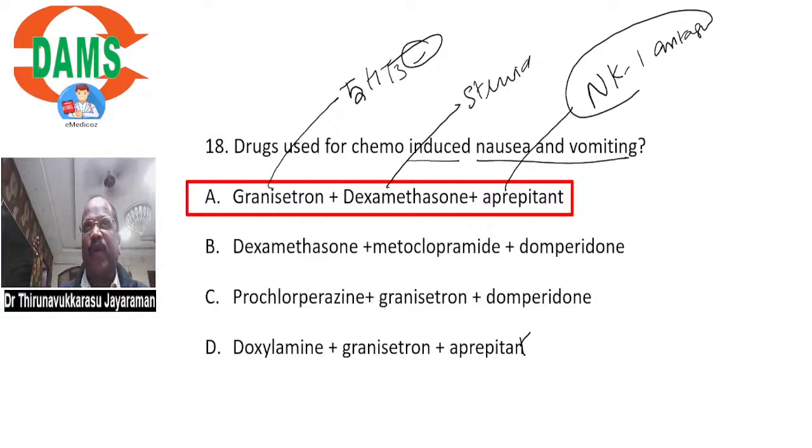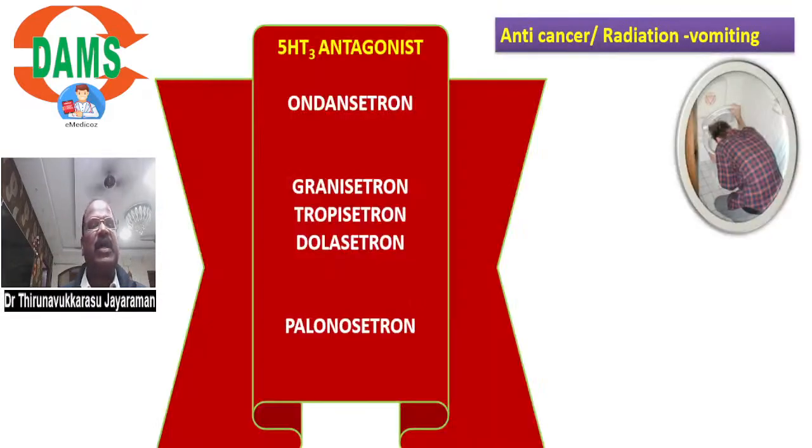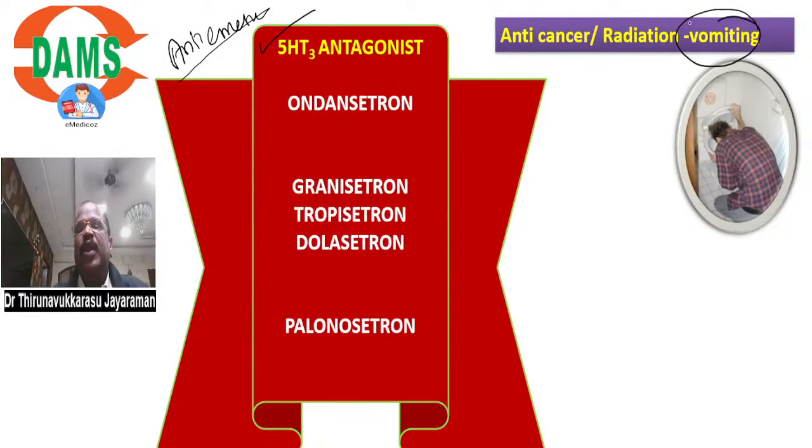For treatment of chemotherapy drug-induced vomiting, the best anti-emetic choice is a 5-HT3 antagonist like ondansetron, granisetron, tropisetron, dolasetron, or palonosetron. They are the best anti-emetics for controlling vomiting due to anti-cancer drugs.